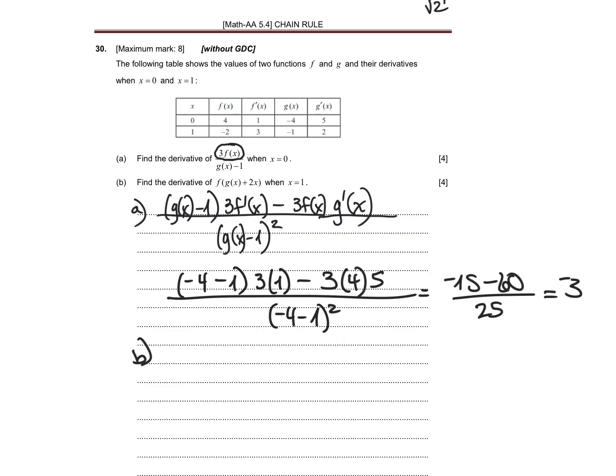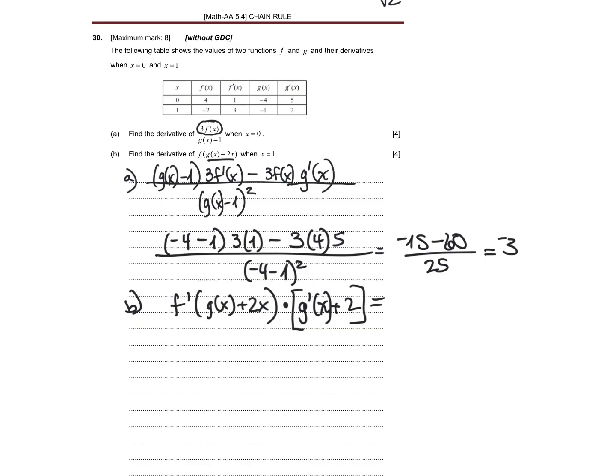Okay, so b. We need the derivative of the whole thing times the derivative of the inside function. So that's g prime at x plus 2. So now we need f prime.